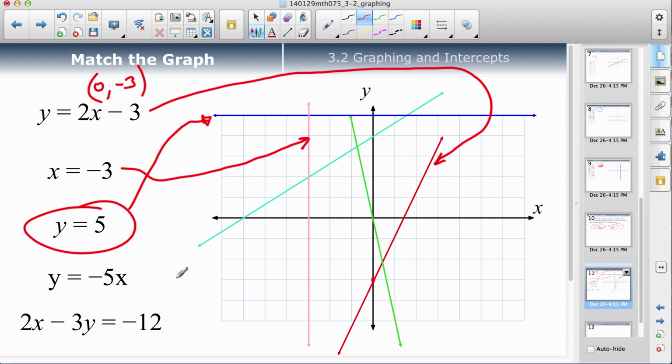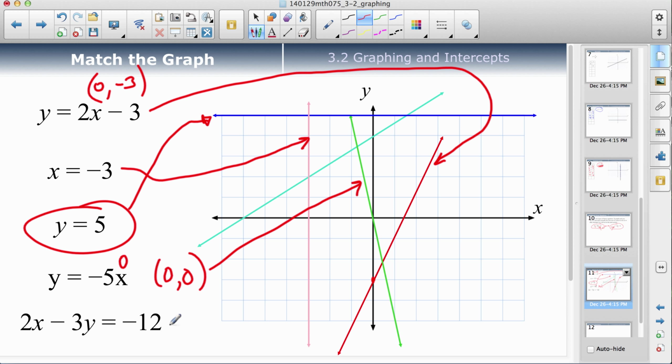Okay, now I just have two left. Maybe let's do the same thing with this one. Let's put a 0 in right there. 0 in for x, so my point is going to be 0, and 0 times -5 is 0. So the y value for that point is 0 as well. The only line that is crossing at 0, 0 is this green line. So that one's got to be green.